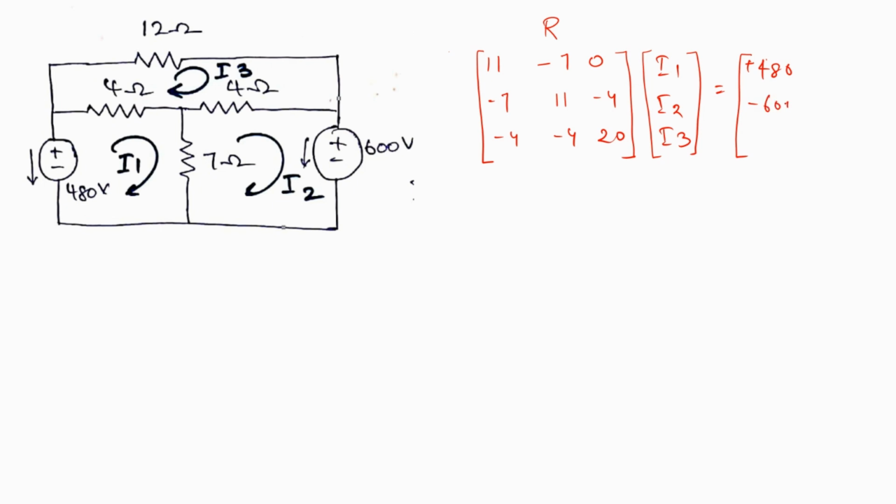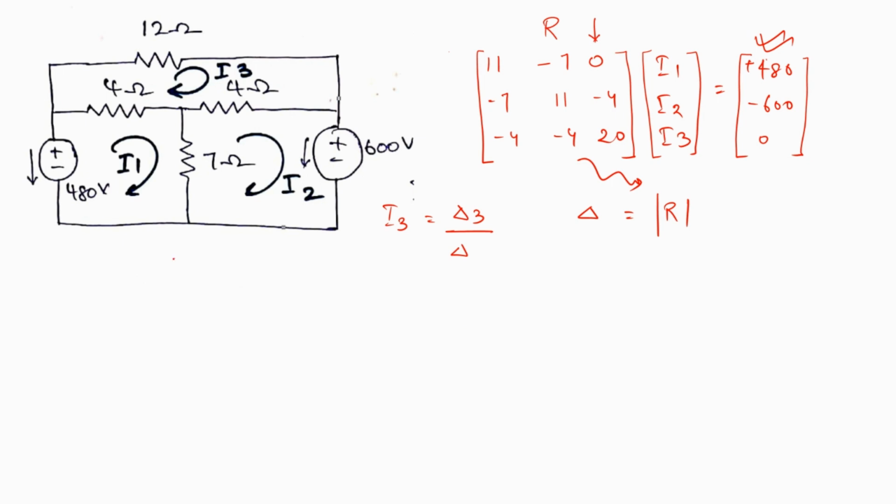This is minus 600 and this is 0. So from the equations, we can write the constants like this. So if I want to find out I3, I need to compute del 3 by del. In order to find out del, I can find the determinant of this R matrix. In order to find out del 3, I'll have to replace the third column with this column matrix.